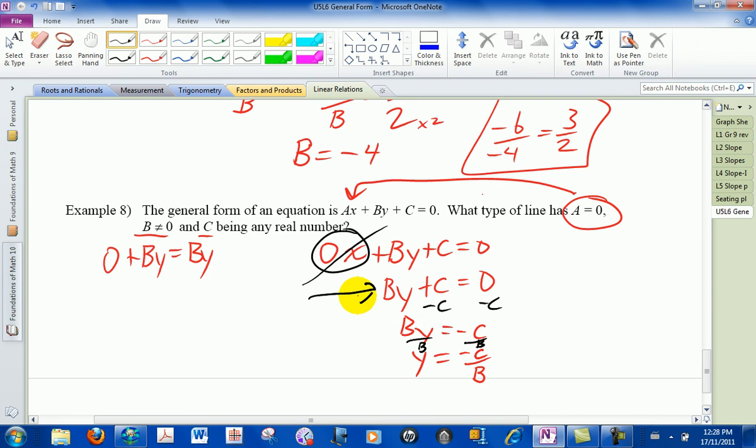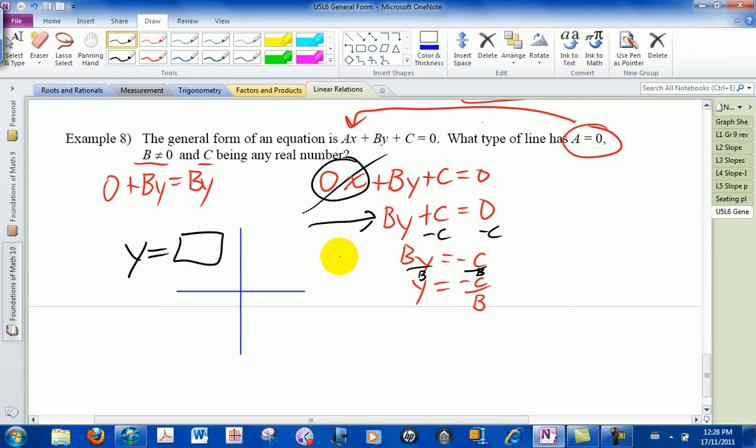How many variables do you have? Ian? You have one variable. You basically have an equation y equals some other number. So what does that look like on a graph? If I was to draw a quick graph right here, what would that look like? Say it's y equals 3. That's going to look like a straight line right here. So, what type of line is this?